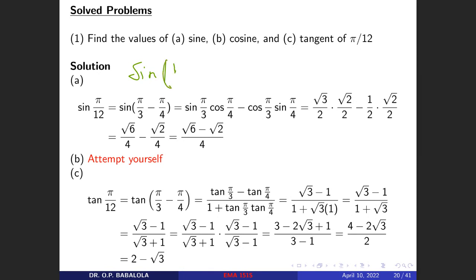Sine alpha minus beta equals sine alpha cos beta minus cos alpha sine beta. Okay, so this is the formula we are following. Now we have sine alpha, where alpha is pi over 3, cos beta, where beta is pi over 4, minus that.